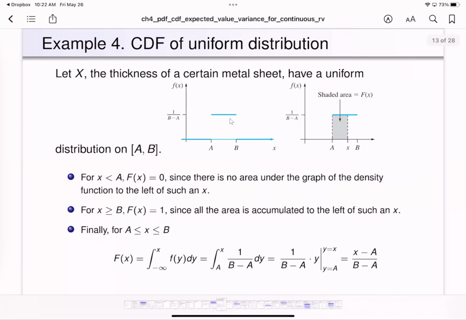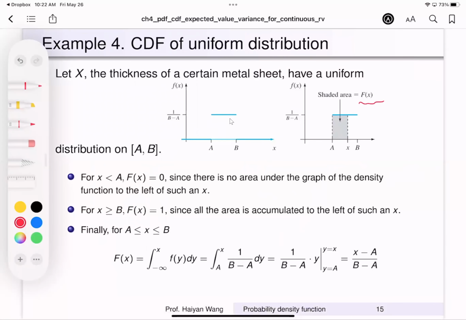This part is simply the CDF up to the little x. Imagine if x is less than a, then we don't have any shaded area to compute. Therefore, the probability is just 0. On the other hand, if x is bigger than b, then the shaded area would include the entire range from a to b. That would give us probability of 1.